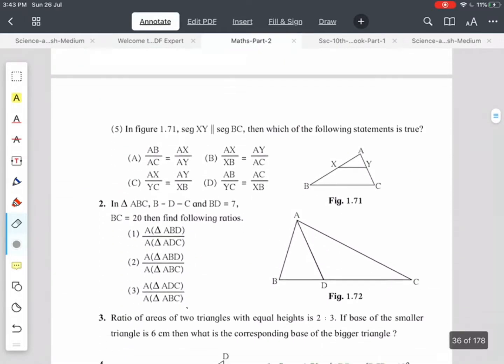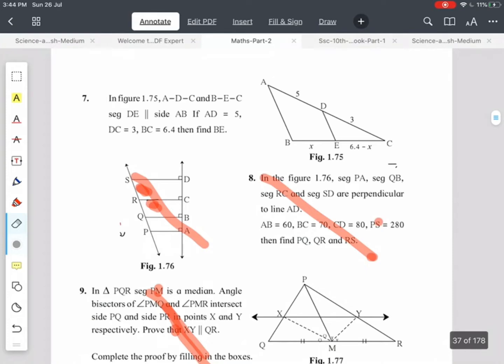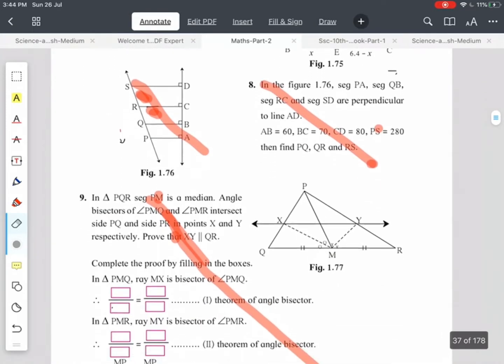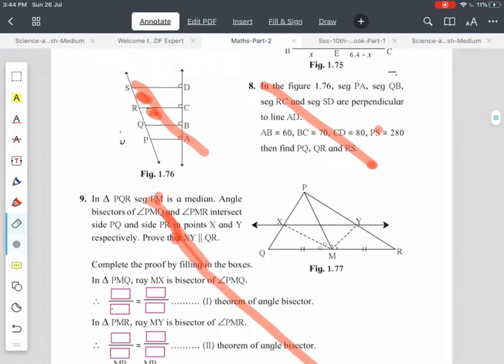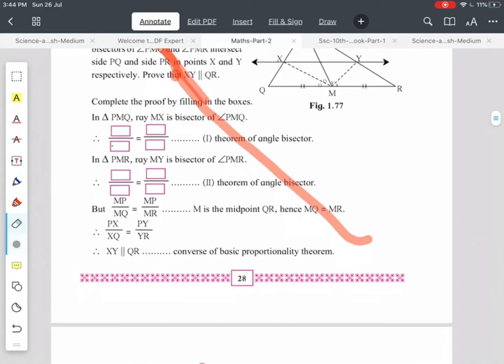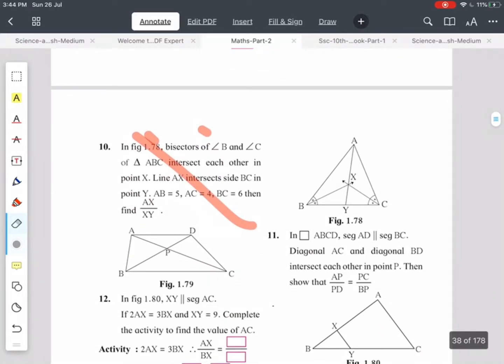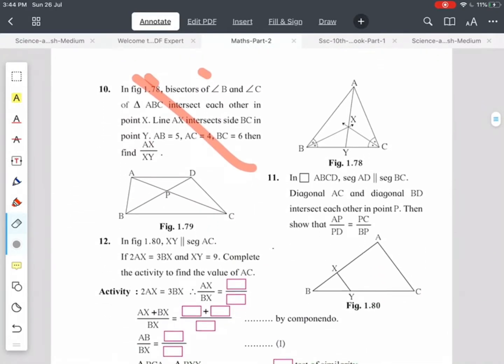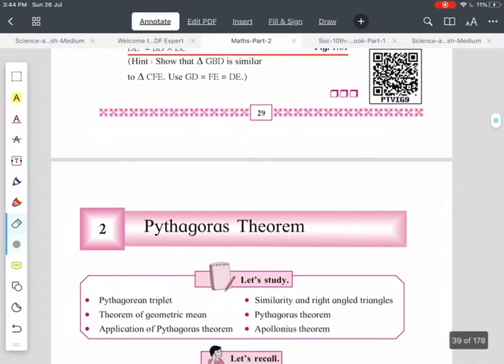In problem set 1, the example based on three parallel lines and their transversal, the 8th and 9th based on the angle bisector property, are omitted. Page number 28, the 10th example on page 29 is omitted. Other examples are there as they are, no change.